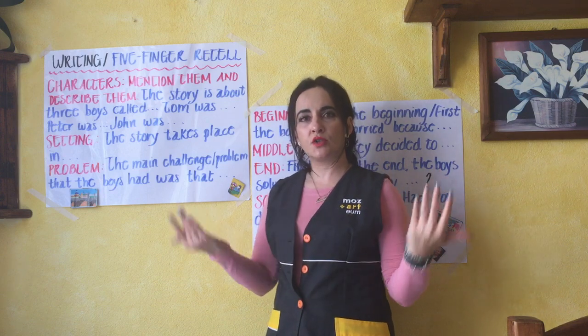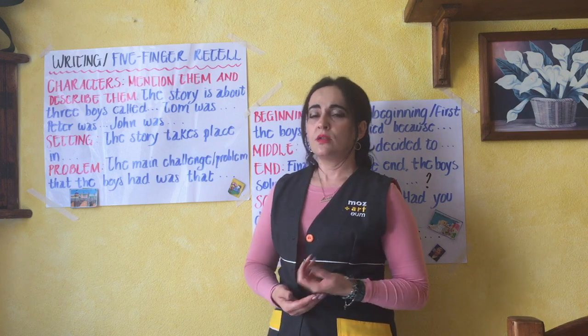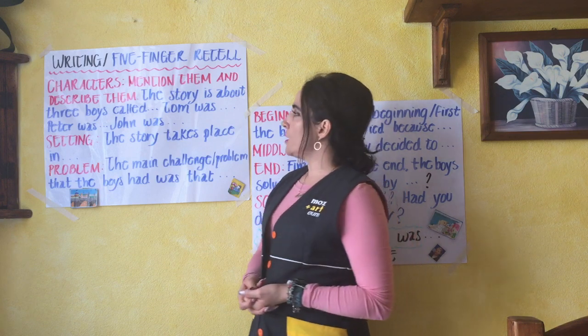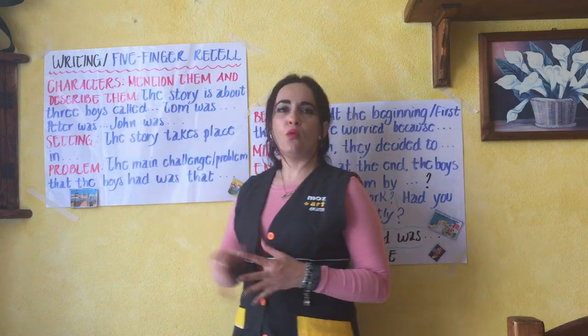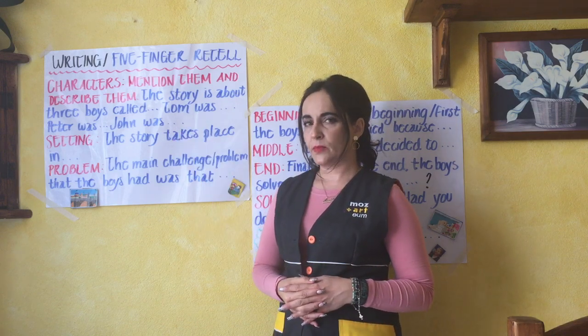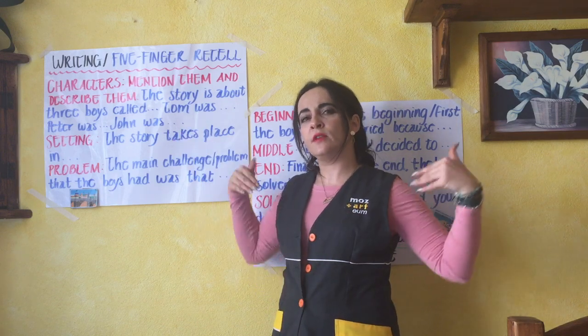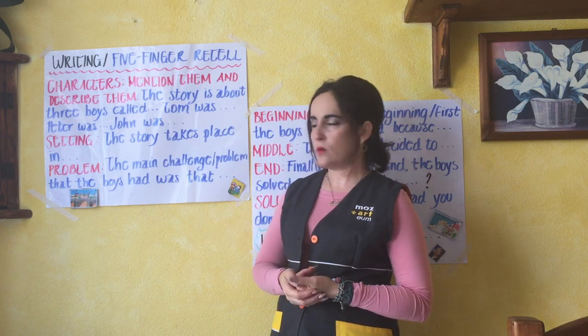Using the character traits technique, remember, you have to use adjectives to describe them. For example, Tom was shy, Peter was very smart, and John had a lot of friends. So you make a brief introduction to the story and of whom you are going to talk about.